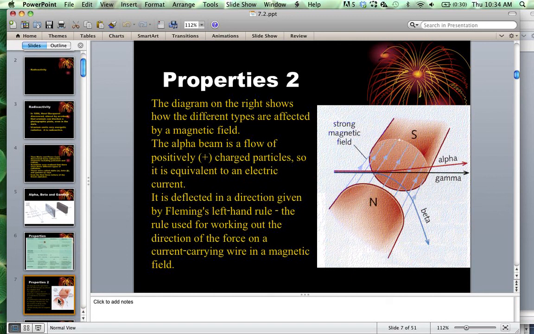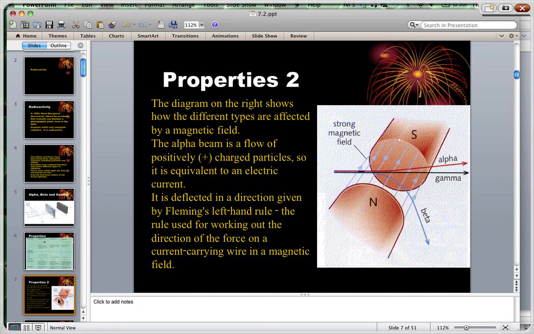Fingers, right hand in the direction of the magnetic field, the thumb in the direction of the particle, in this case alpha particle in that direction, the force will be up, and that's why this would be going slightly upwards, like that. Beta particle, now north to south, but now it's a negative charge, so the thumb goes in the opposite direction. So it's like that. Palm going down, it bends.